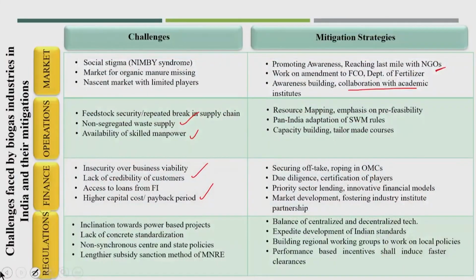And regarding waste, if you talk about the new MSW Rules 2016, it already targeted segregation of waste. So if you are able to get biological waste or wet waste as segregated material, you can easily change the supply chain. Also, an industrial market can be created, and likewise there are the challenges.